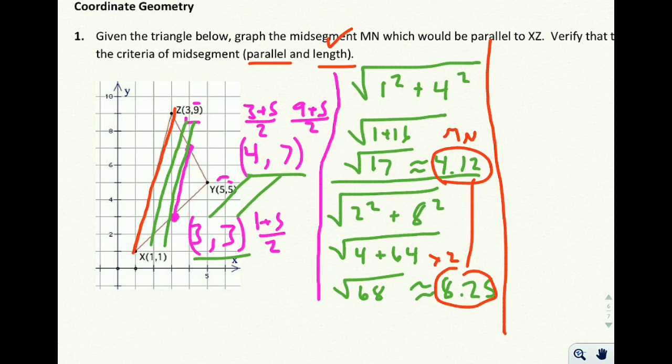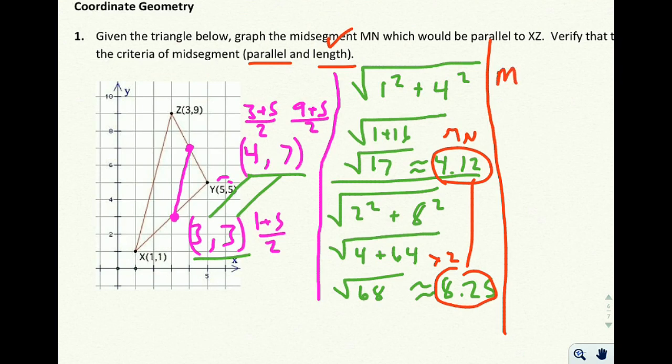So I'm going to clean up my picture a little bit here, get rid of some of these extra marks, and when I go ahead and do my slope, I'm going to start with the slope of XZ. Slope formula is always just rise over run.